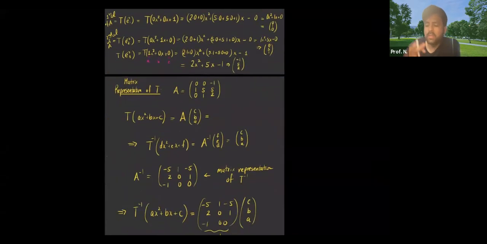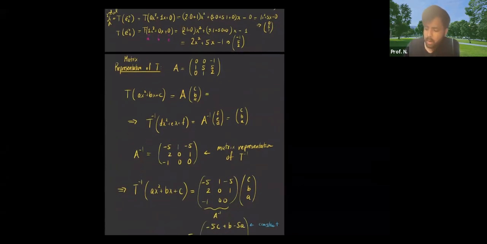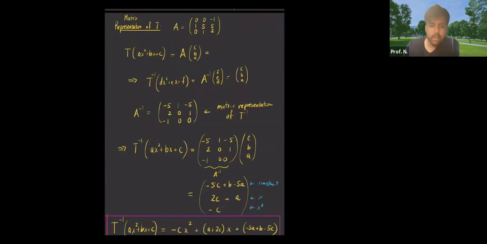But the idea hasn't changed with finding the matrix representation of a transformation, and then all you have to do is one more step, the inverse of that matrix, and you know how to find inverses. Okay. All right, guys. So we're good with linear transformations and how matrices represent them, I hope.